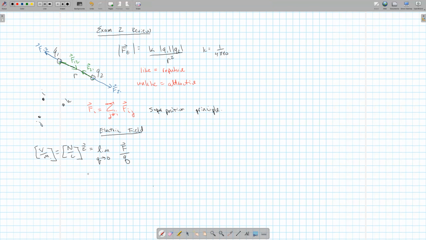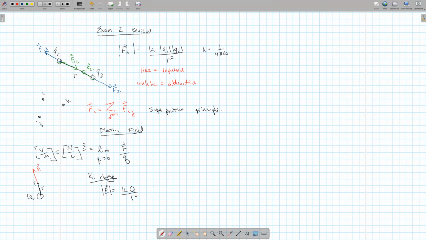If I was dealing specifically with a point charge, then the electric field of a point charge is equal to K times Q divided by the distance r squared. This is the magnitude of the electric field. If this is my charge with the charge of Q, and this is my spatial separation from the center of this charge to the location of the point that I'm interested in, point P, then the electric field, as long as Q is positive, will point radially away.